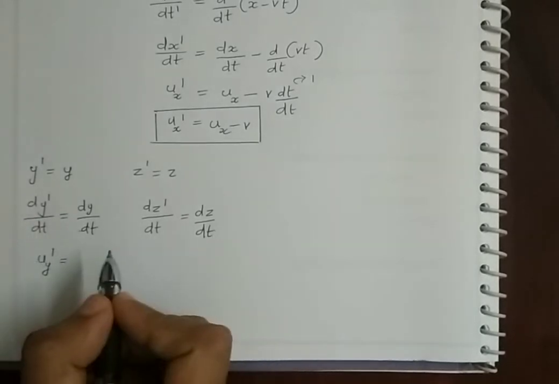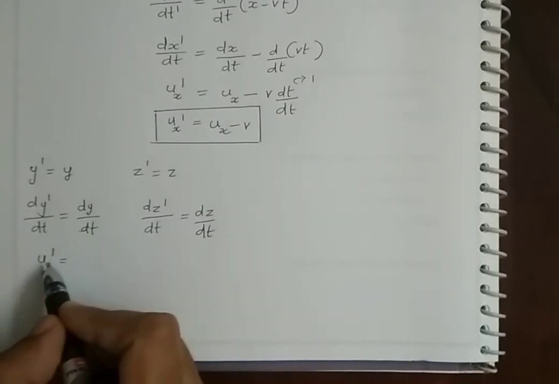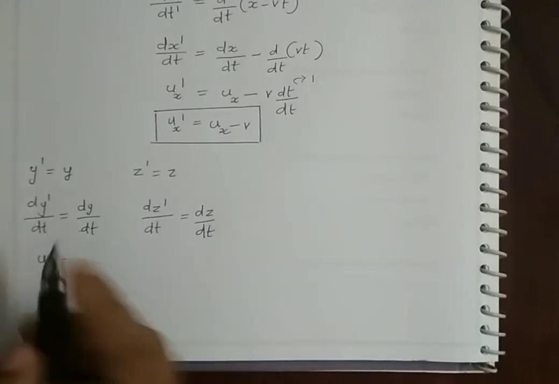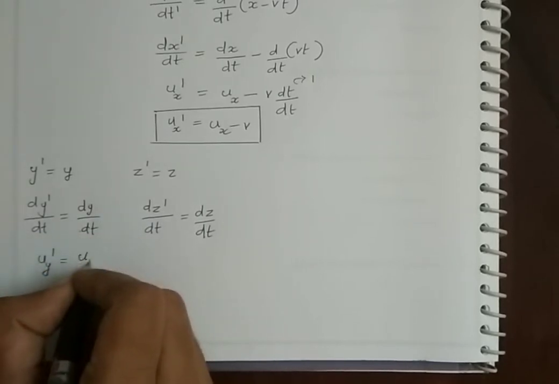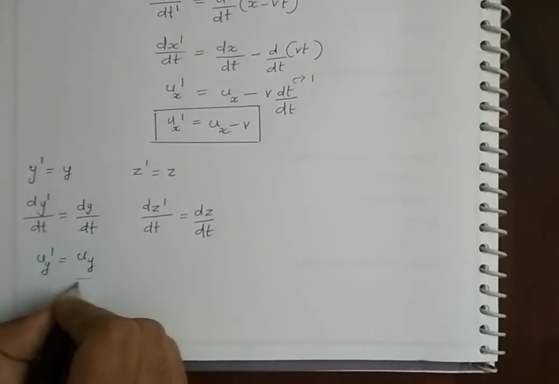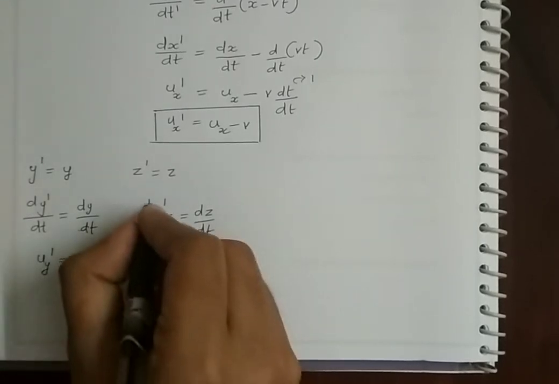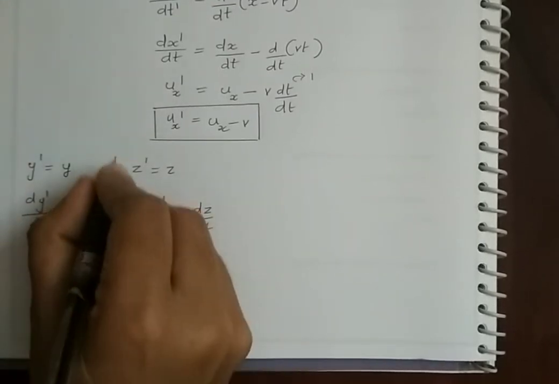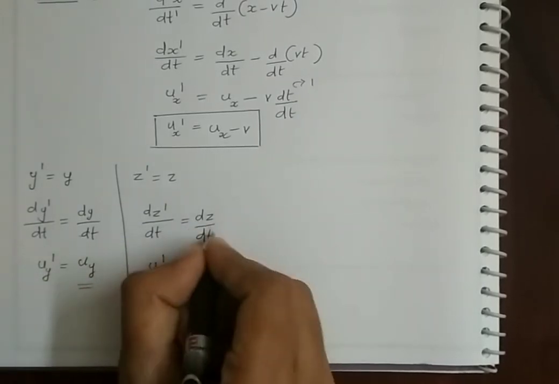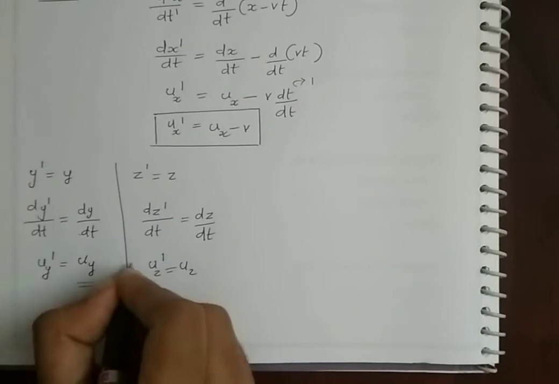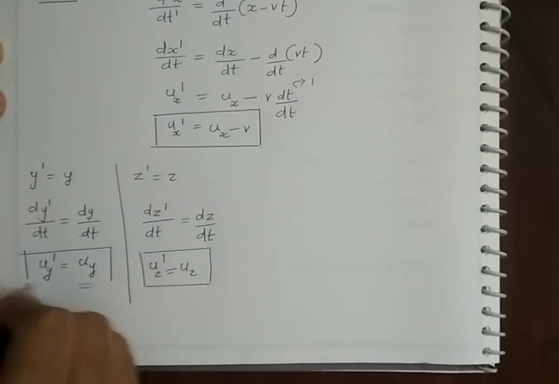This uy prime is equal to uy, which is the velocity along the y-axis observed from the S frame. Similarly, dz prime divided by dt is equal to uz prime and dz by dt is equal to uz. So we have got the three velocity transformation equations.